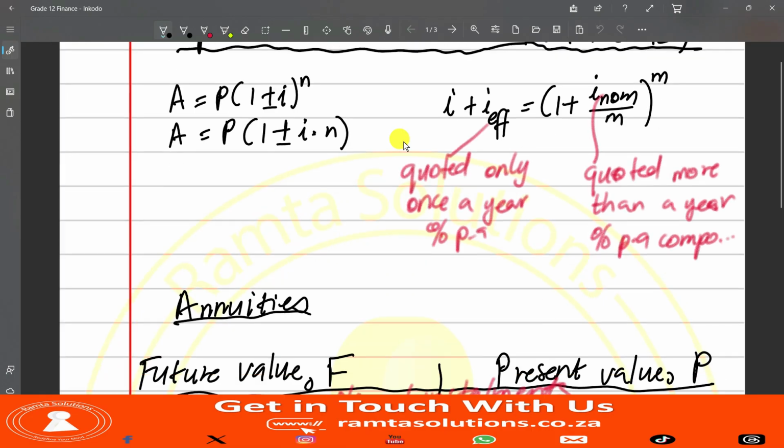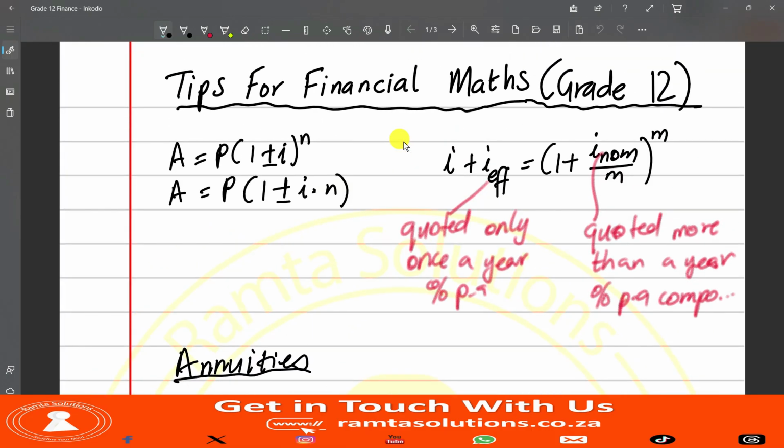All right. So remember as well, when we get to effective interest, it is any percentage given that is quoted only once. If you can see that they're asking you percentage per annum, you must know it's effective. But if you hear them say percentage per annum compounded, normally in question 7.2 or 7.1.2, you must know that they want you to find or they give you the nominal interest.